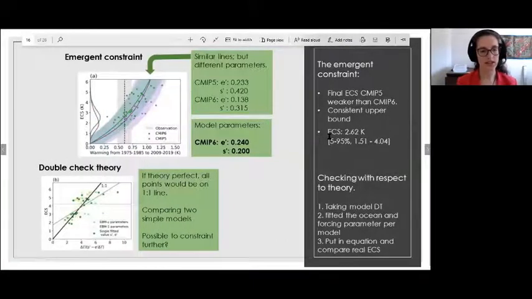And we can again use that. If you have too short a period, your regression is really steep, so you can't really get a constraint. The longer your period is, the more forcing you have observed, the straighter your line is, and the better you can constrain it. We did some sensitivity analysis.